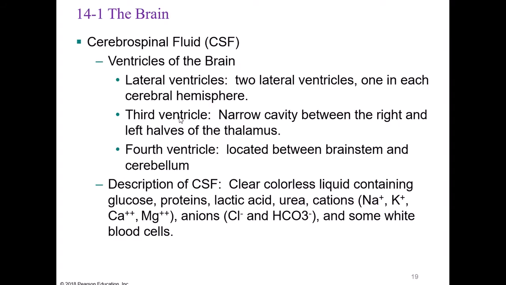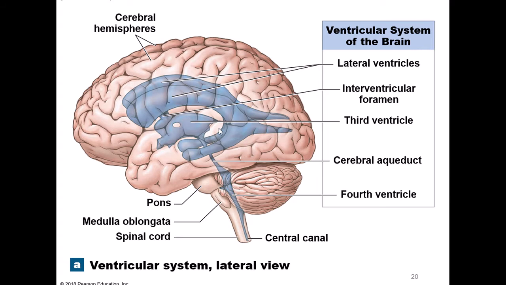In the area of the diencephalon, which we'll see in subsequent lessons, there's a part of the brain called the thalamus. At that level is the third ventricle. Right about here, this whole structure is one ventricle. It's a narrow, slit-like ventricle. This is called the third ventricle.